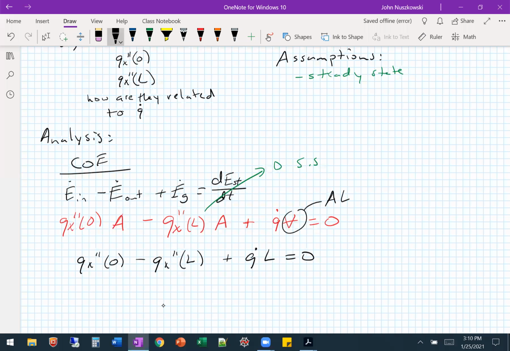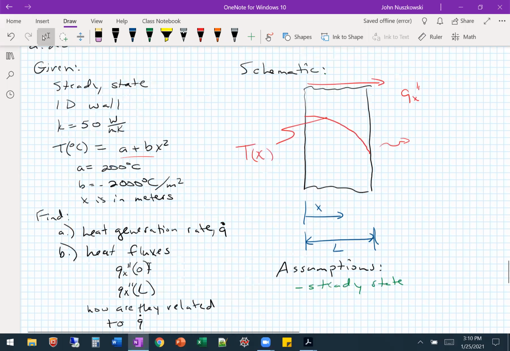So then if we rearrange, you have this. Okay, so we have L that was given to us, right? Did I write it down? No, I missed it. Sorry. It was given to us, though. L is 0.05 meters. Okay.